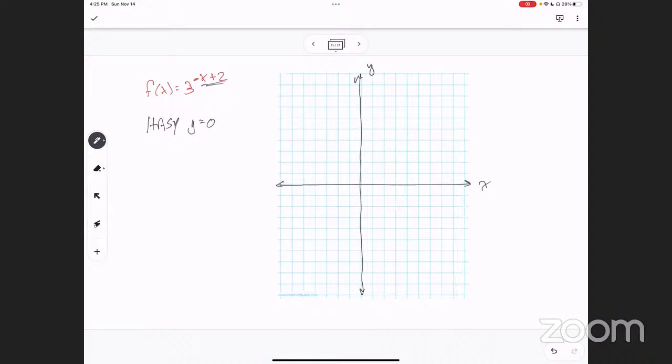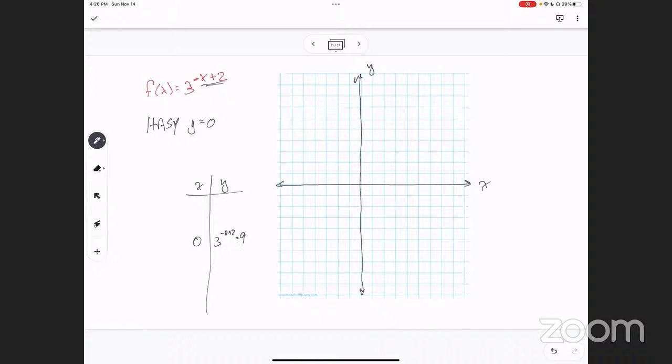What is the negative x plus 2? This is that same thing we were just talking about. Just to be safe, I would just plug in some numbers here. Let's see what happens when we plug in 0. What's 3 to the negative 0 plus 2? That would just be 3 to the power of 2, which is 9.